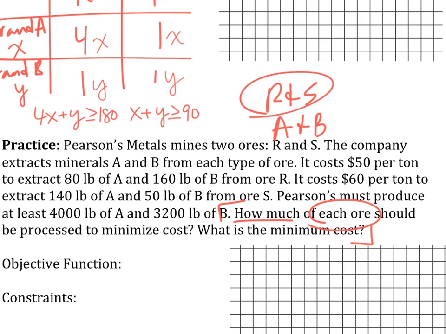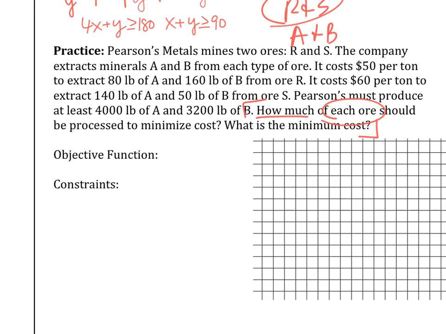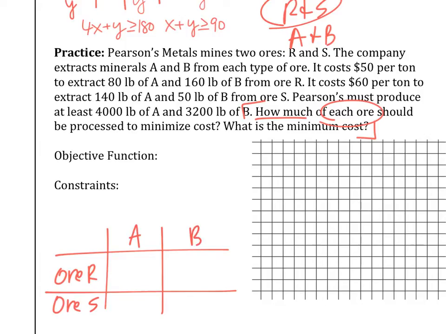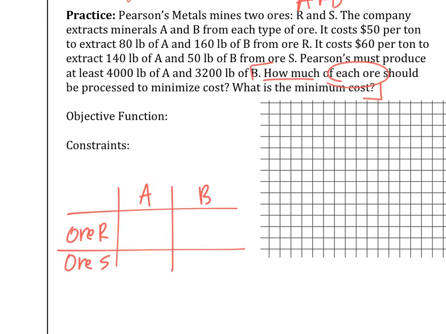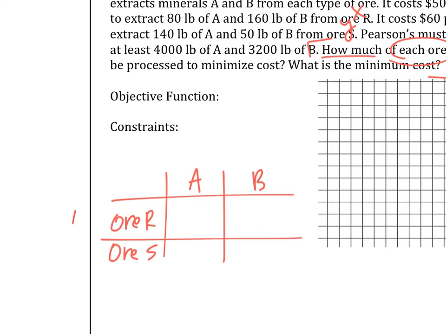R and S. Maybe we should just use R and S instead of X and Y. Ore R or S, getting minerals A, B out. Okay, let's have you write down that table. Okay, so we'll just do X and Y. So ore R is X, ore S is Y.